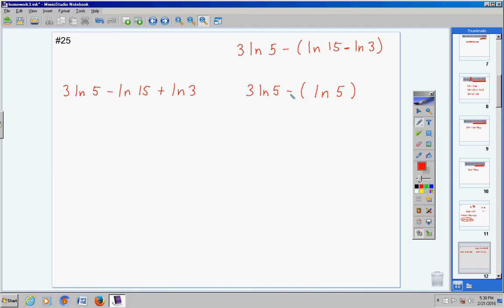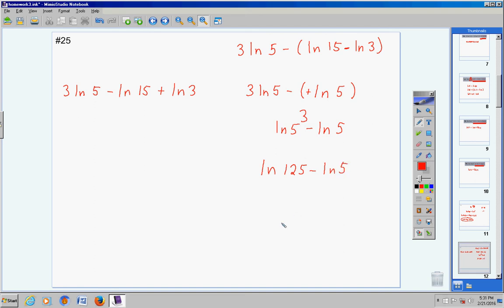Now, I have a negative sign here, so I'll go ahead and multiply it through times the positive here. And I have 3 natural logarithm of 5 minus natural logarithm of 5. Now, we cannot condense these because there's a 3 here. Remember, you have to move that 3 as a power first. We have to do that first. So now we have the natural logarithm of 125 minus the natural logarithm of 5.